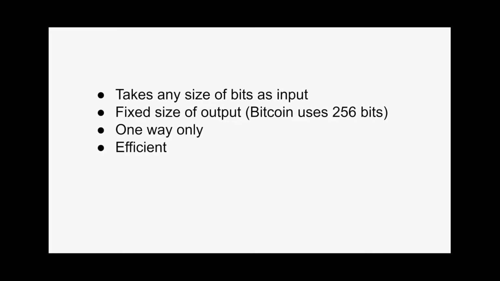And it has to be efficient for real use cases. As a cryptographic hash function, it has some security requirements, such as being collision-free. So choosing the right hash function is important. Bitcoin uses SHA-256.